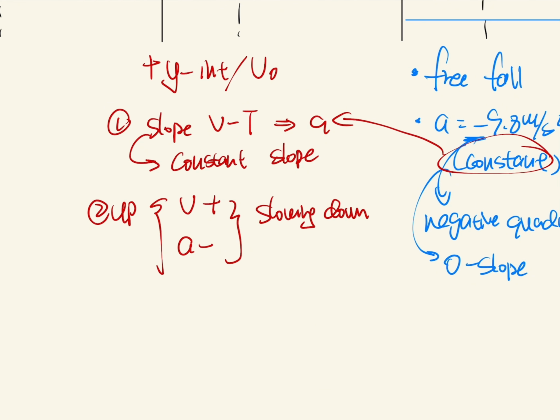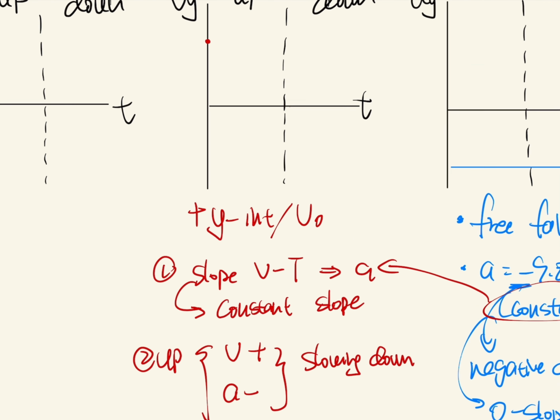So on the other hand, when it's going down, we know the velocity is negative and the acceleration is also negative because the acceleration is always constant. If velocity and acceleration are in the same direction, then it's going to speed up. Right?